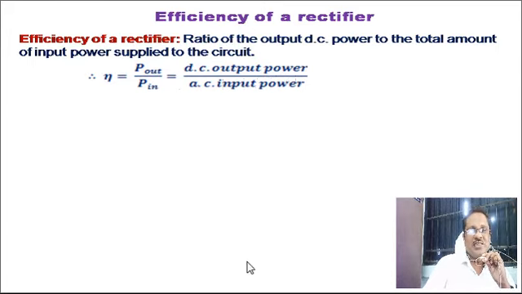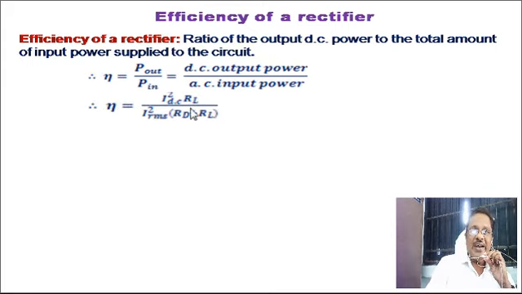Now power is the product of voltage and current. Voltage is the product of current and resistance. So the formula for power is I square R. Now DC output power will be I DC square into RL, where RL is the load resistance and IDC is the current flowing through the load resistance.